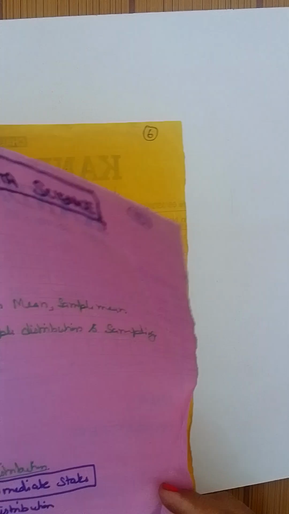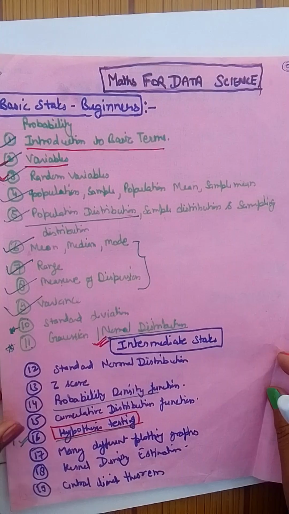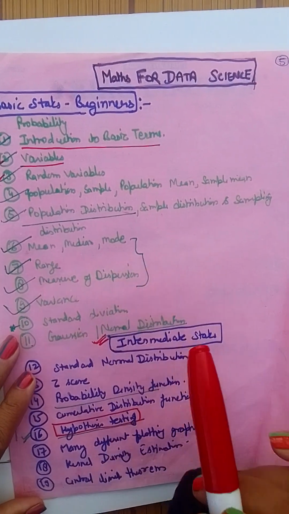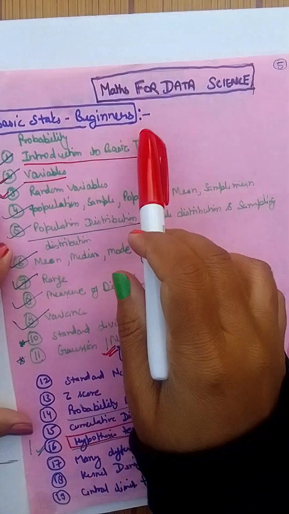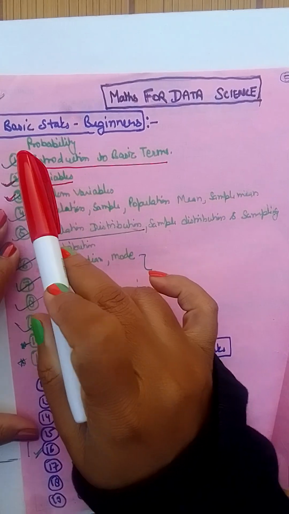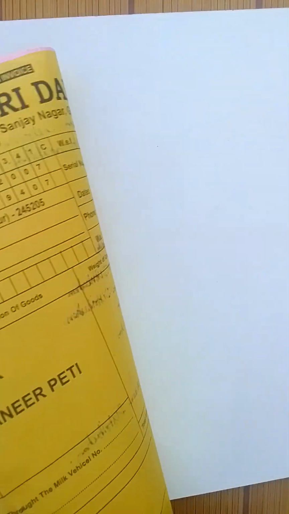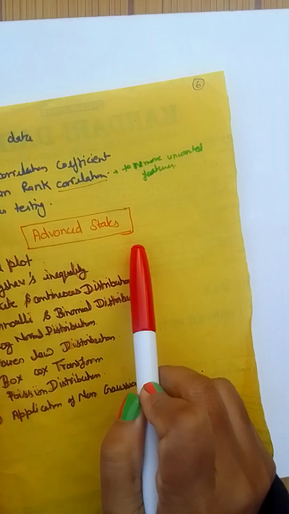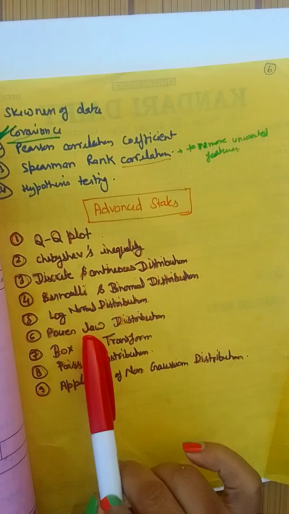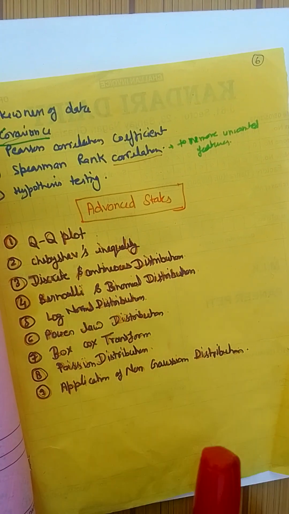So in my previous videos I have made one particular video on the syllabus. With the help of paper I taught you that for data science, maths for data science, I'll teach you basic stats and intermediate stats and advanced stats, which is very important for learning data science. Fine.